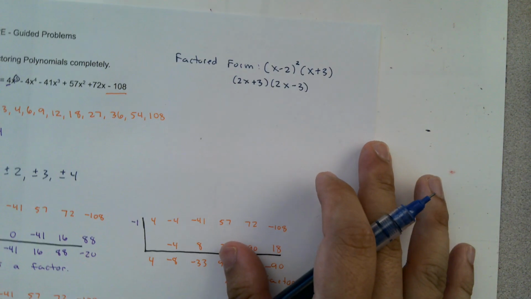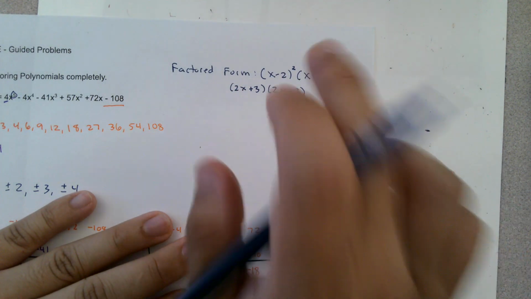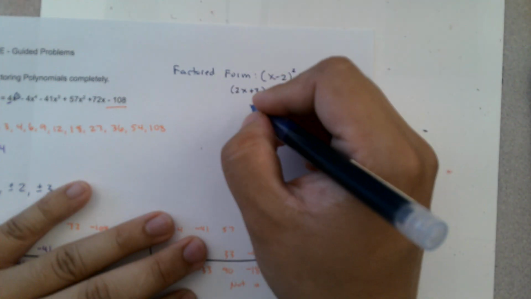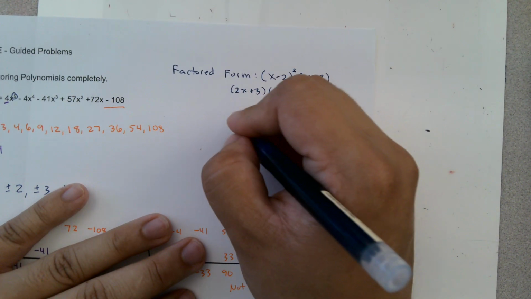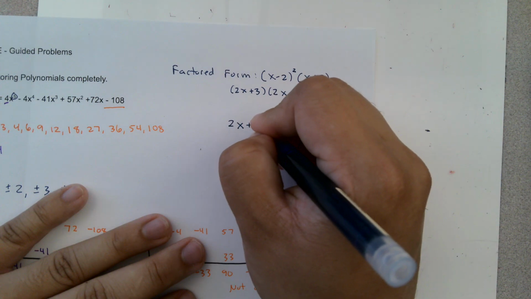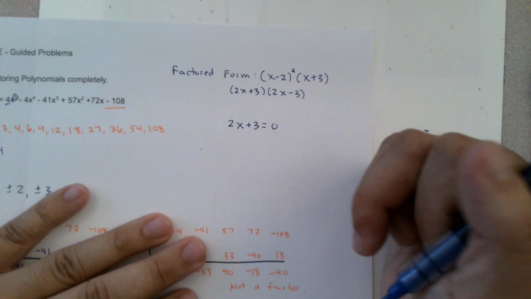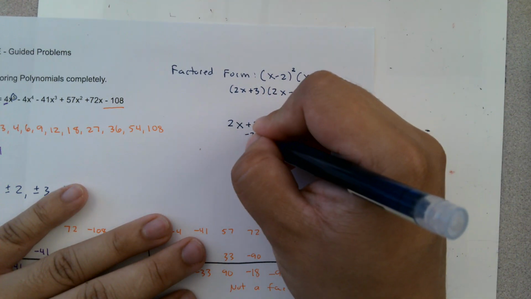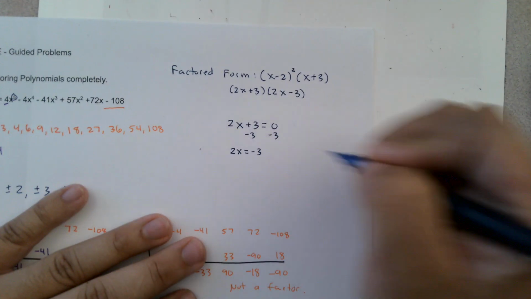Now, if I ask you to sketch these roots, these I know we can handle. Set each one equal to 0 and solve this two-step equation. Minus 3, 2x equals negative 3.